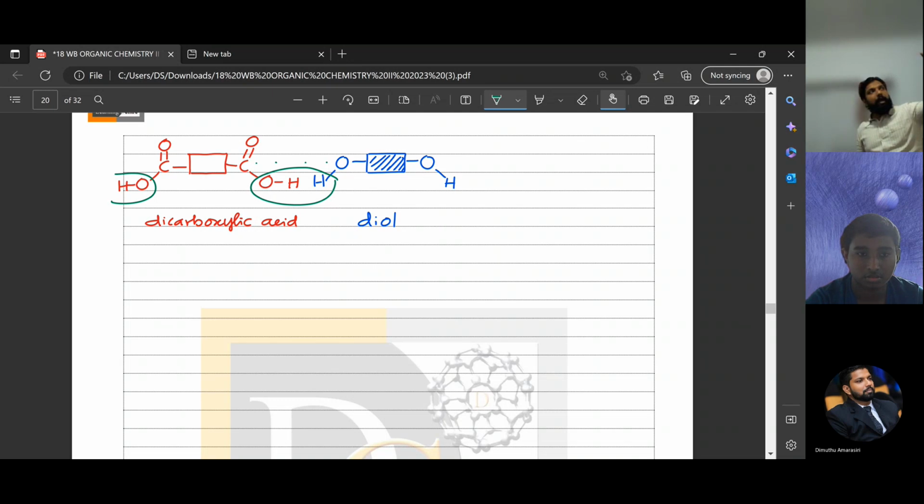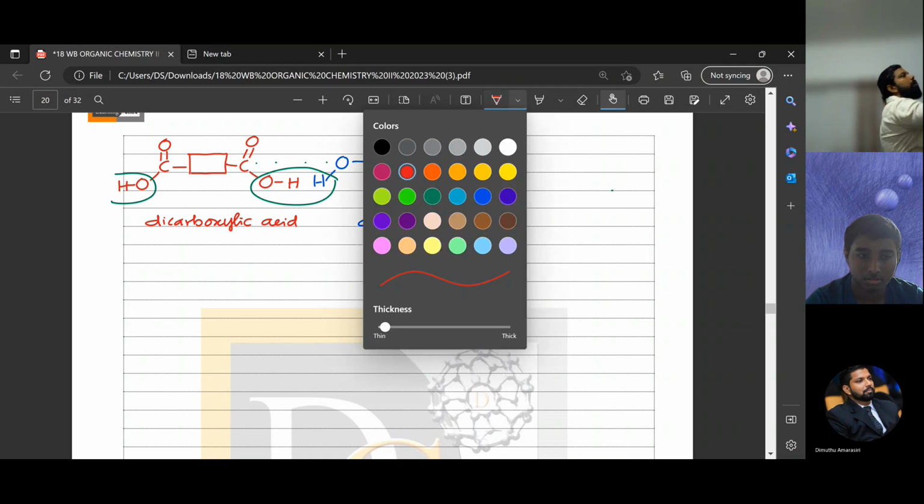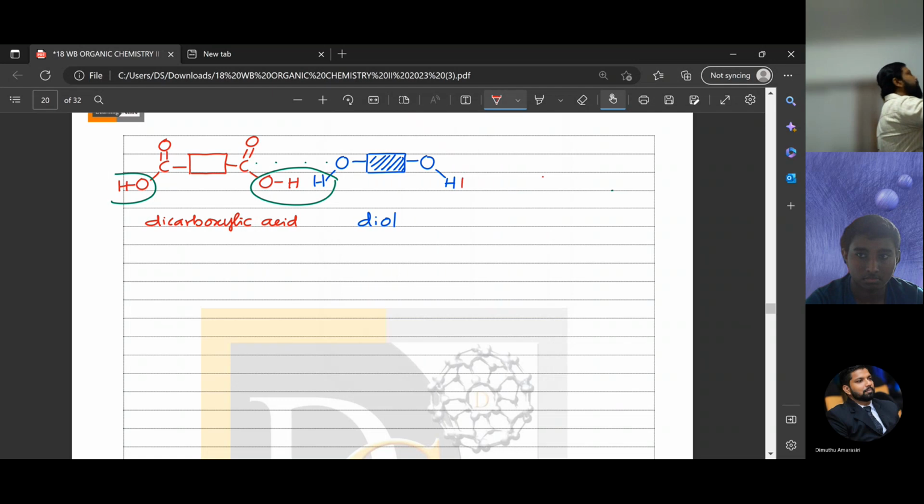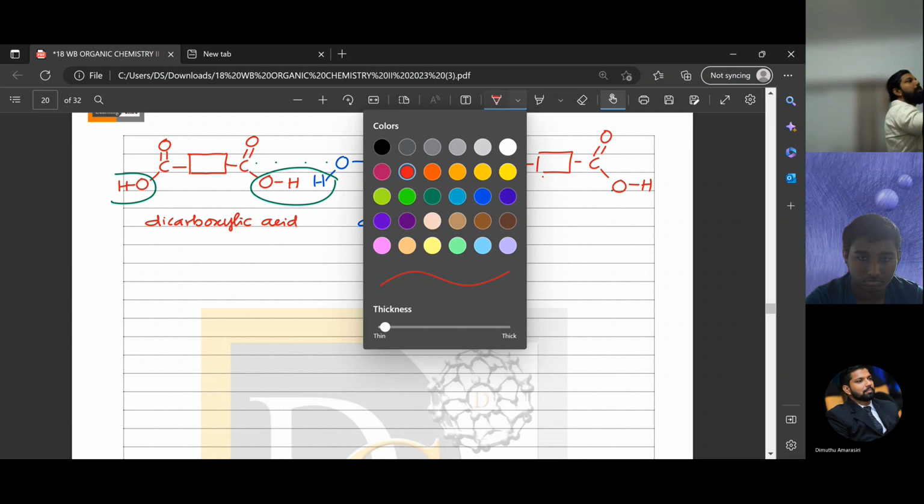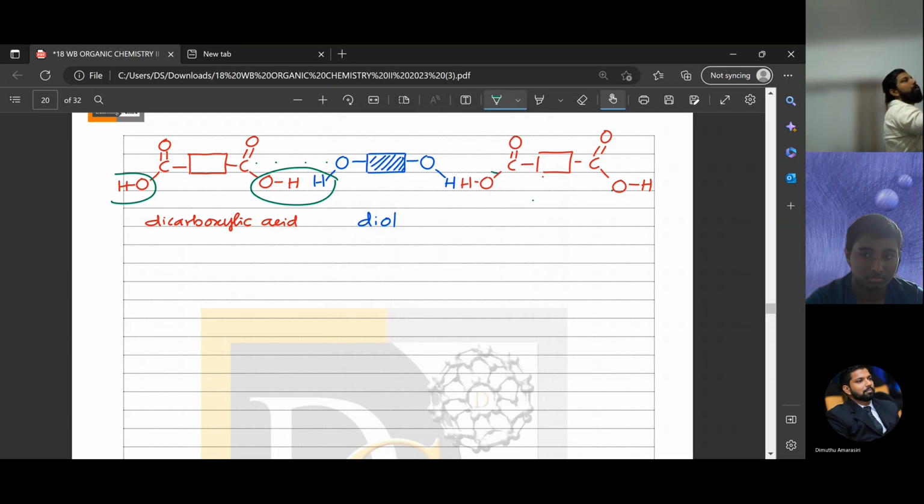If there is a dicarboxylic acid on that side, we'll draw another one. And if you have another diol group over there, another ester link is going to form.